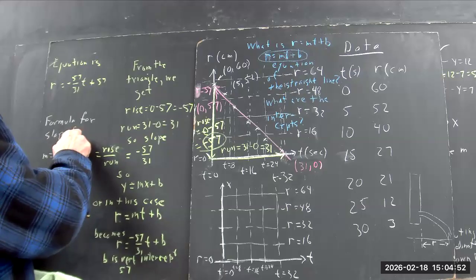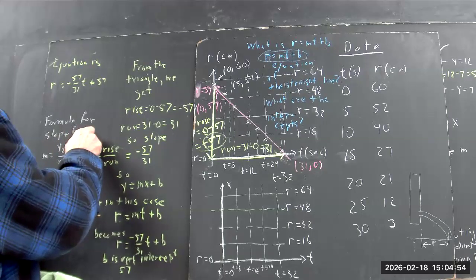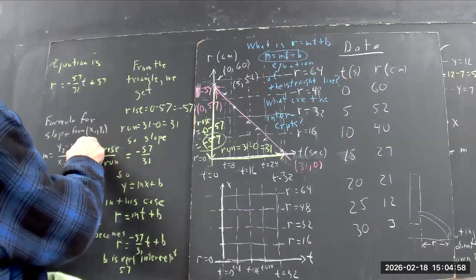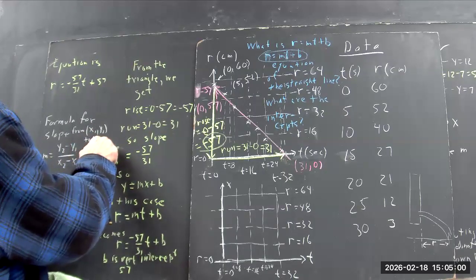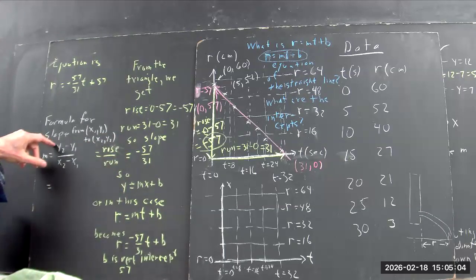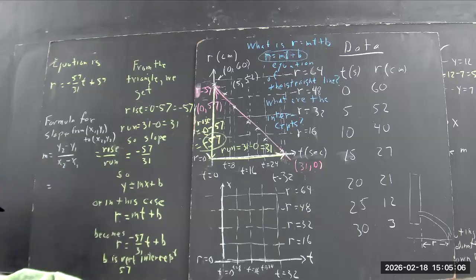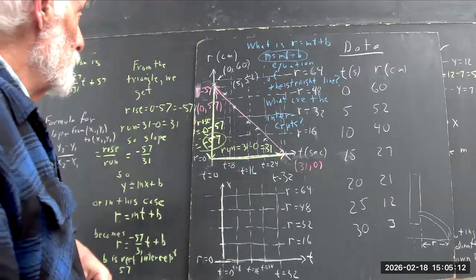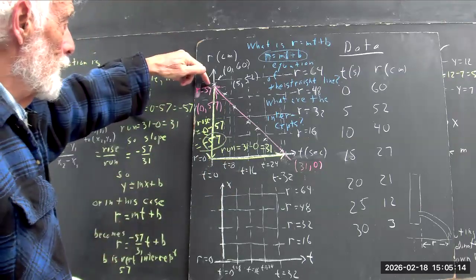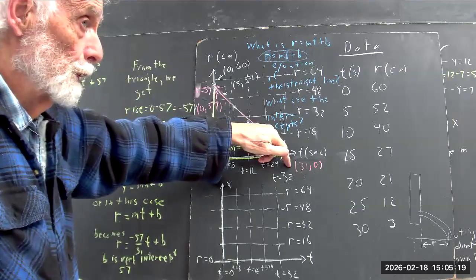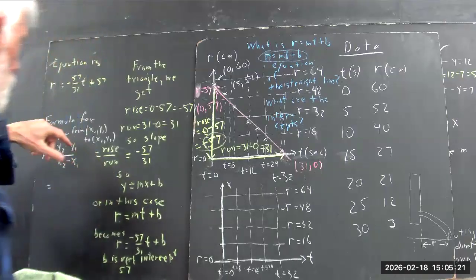So the slope from the point x1, y1 to the point x2, y2 is m equals y2 minus y1 over x2 minus x1. Okay, what are the 2 points? Well, the 2 points that we estimated on our graph are 0, 57 and 31, 0.